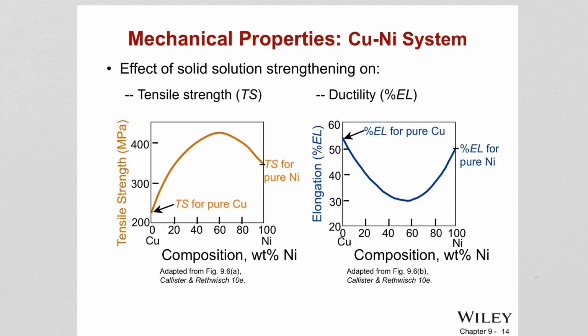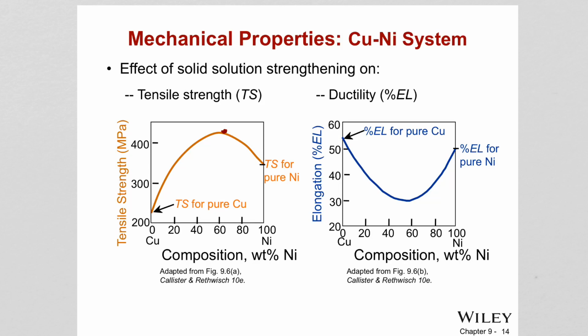As we increase the composition of nickel in the alloy, the strength increases initially and then reaches a maximum at a certain point, 60%, let's say. As you keep increasing the nickel amount, it actually causes a decrease in the tensile strength. So that means there is an optimum composition where you achieve the highest tensile strength.